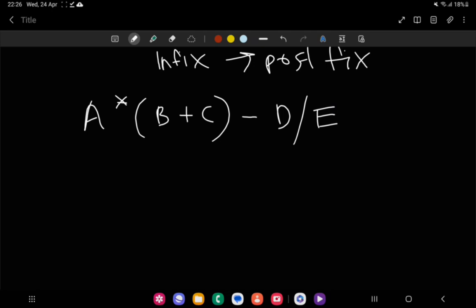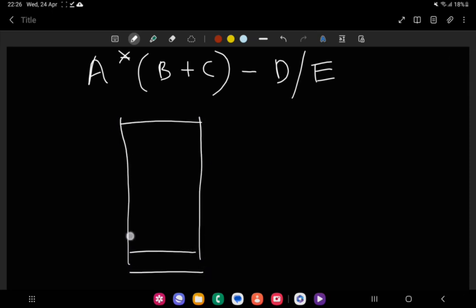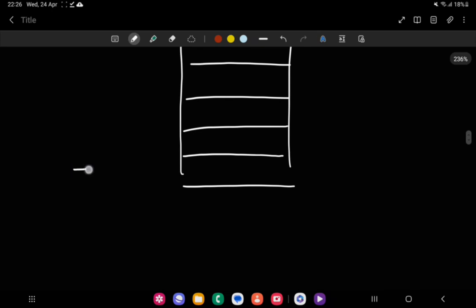So stage 1, I would like to draw the stack so we can see how it pushes and pops. Okay, so this is the top. Normally this is null and this is the stack.